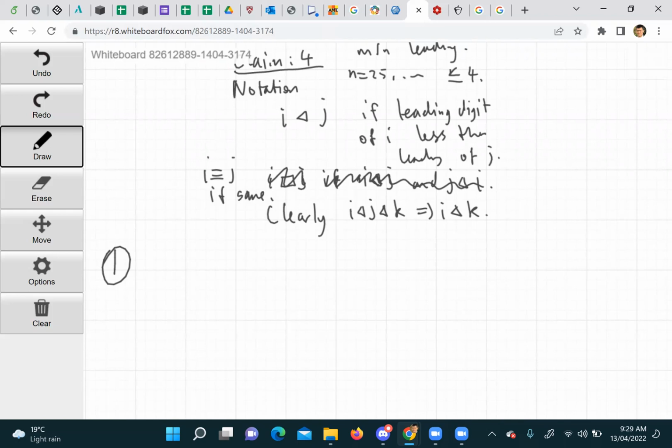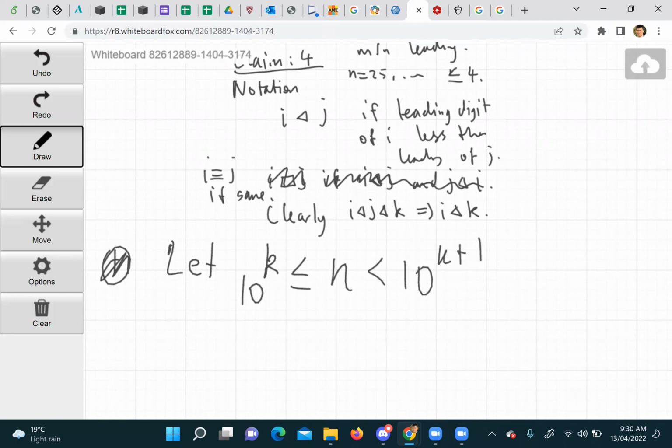Maybe before you start with 1, you fix n to be between 10 to the k and 10 to the k plus 1, you know?